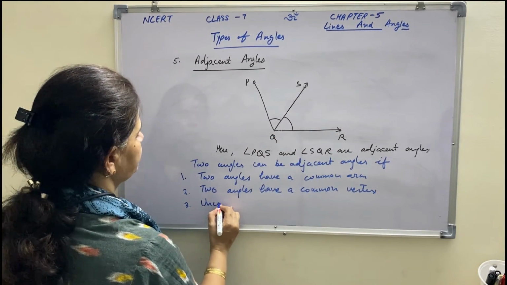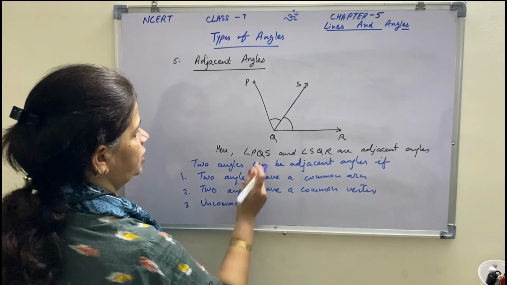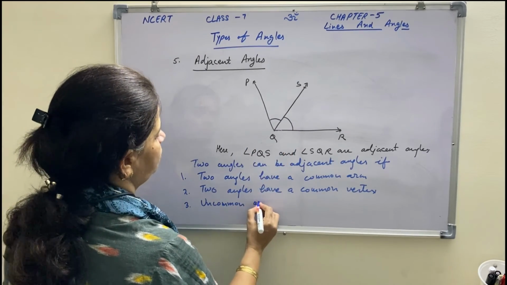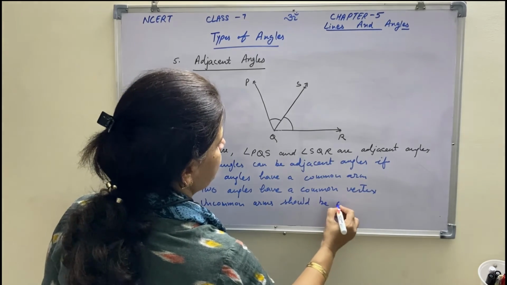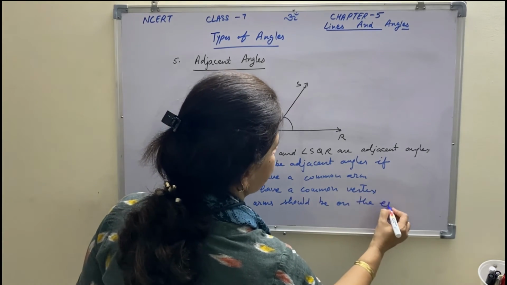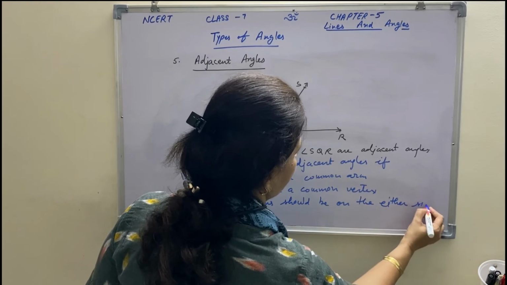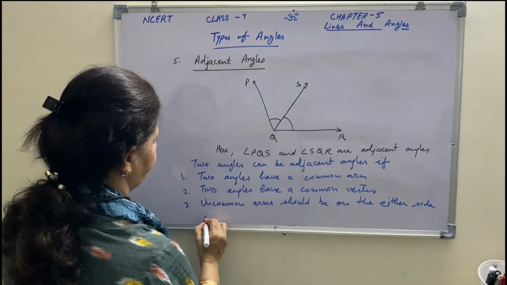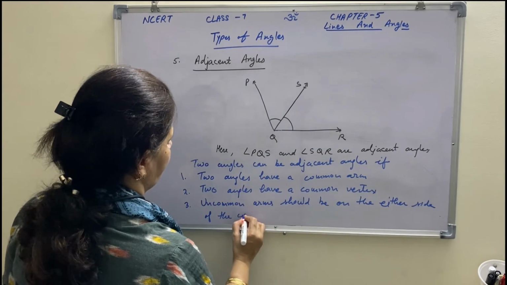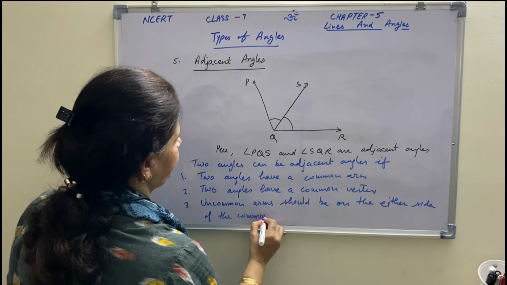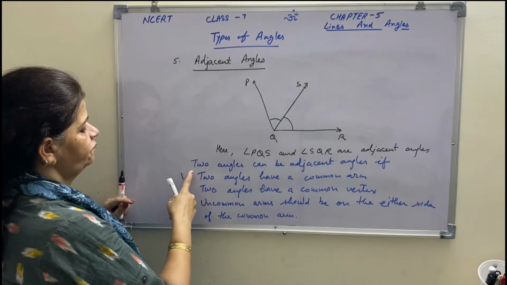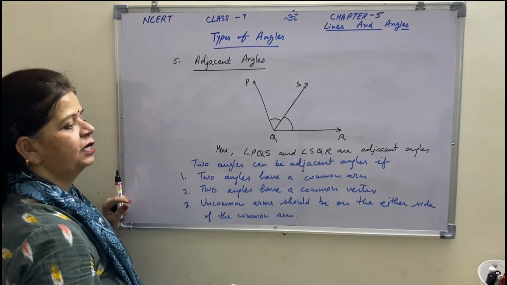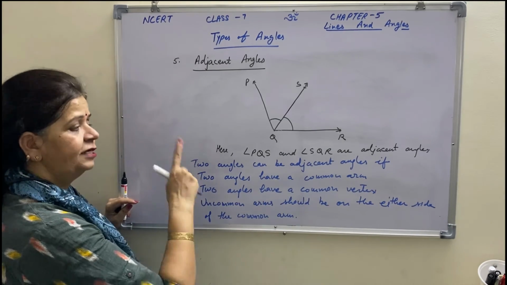Uncommon arms are those which are not common, the common arm being QS. So uncommon arms should be on either side of the common arm. These are the three conditions. If two angles satisfy these three conditions, then they are said to be adjacent angles.